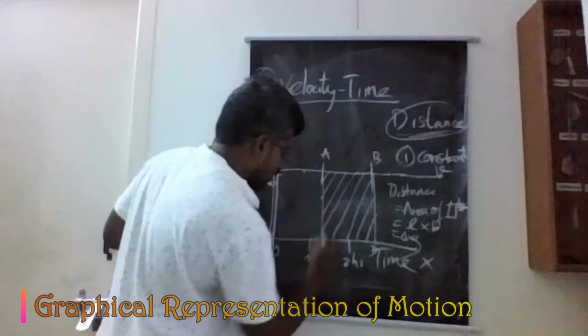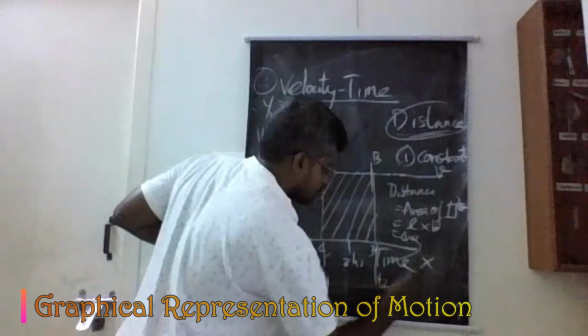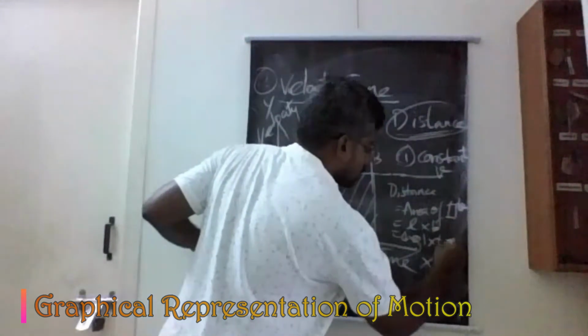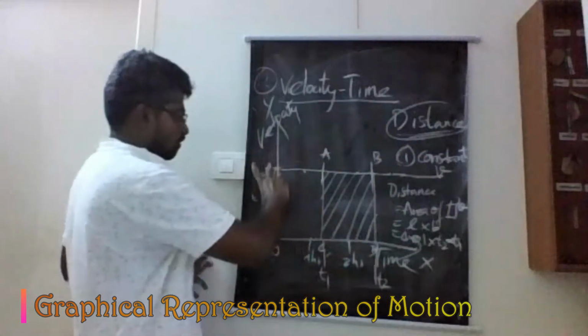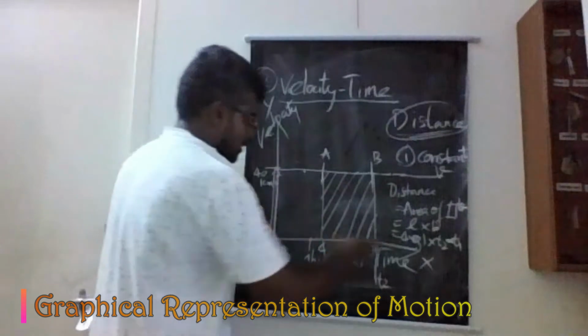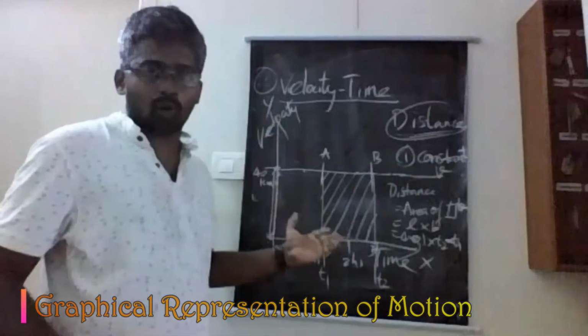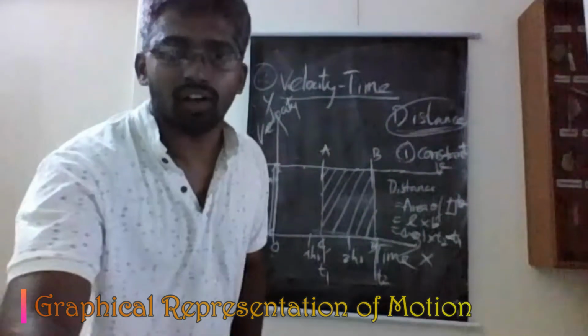What is B? I call it T1, T2. So 40 kilometers into T2 minus T1. Length into breadth. This is how we are going to find distance from velocity.